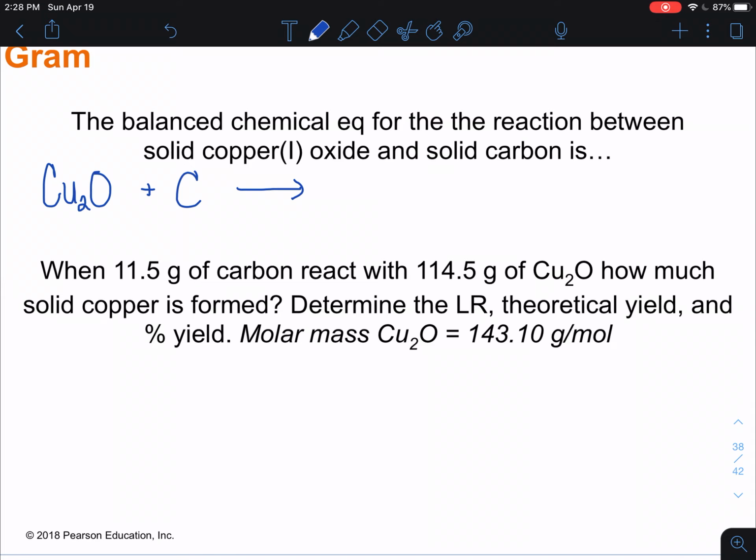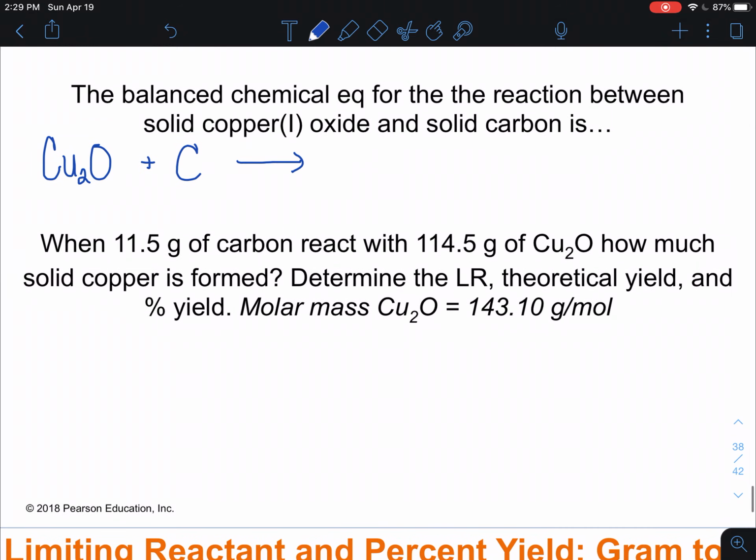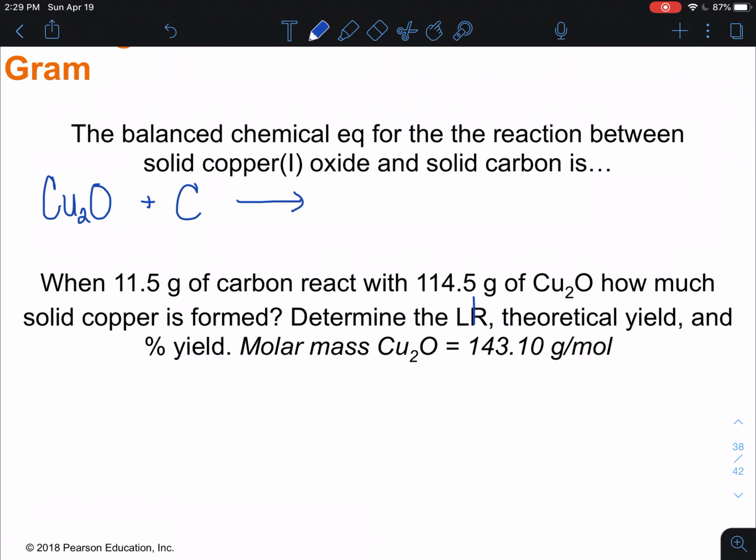Well, basically what is going to happen, remember, this is copper plus 1, there are 2 of them, and then you have oxygen, which is 2 minus, and then you have plus carbon, and you can't really do anything with that.